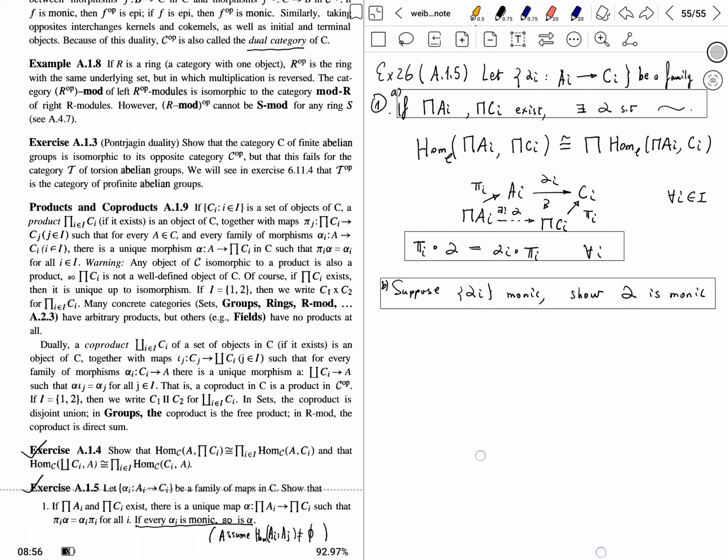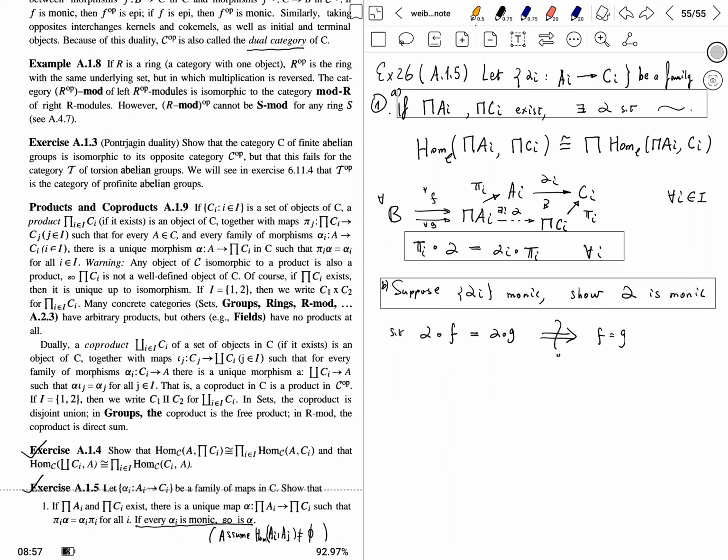Monicness means you can cancel from the left-hand side. If alpha composed with f equals alpha composed with g, where f and g start from some object, the question is, does f equal g?